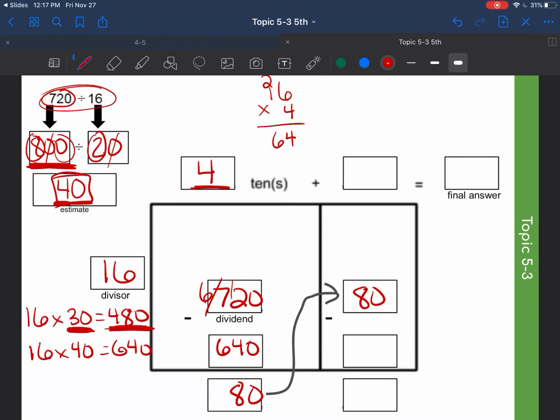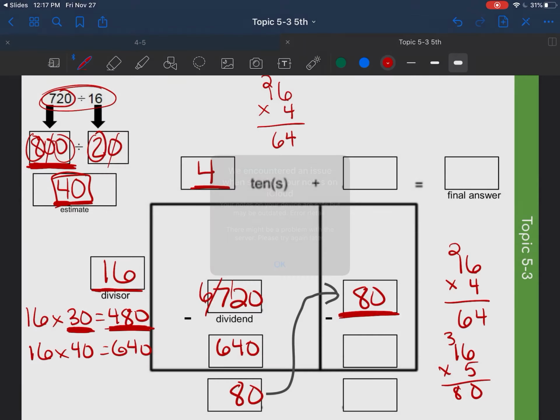So now I'm trying to think, 16 times what gives me 80? Okay, now again, I can use estimation. 16 is around 20. 20 times 4 gives me 80, so maybe 16 times 4 will get me close to 80. That gives me 64. So let's try 16 times 5, which is 80.